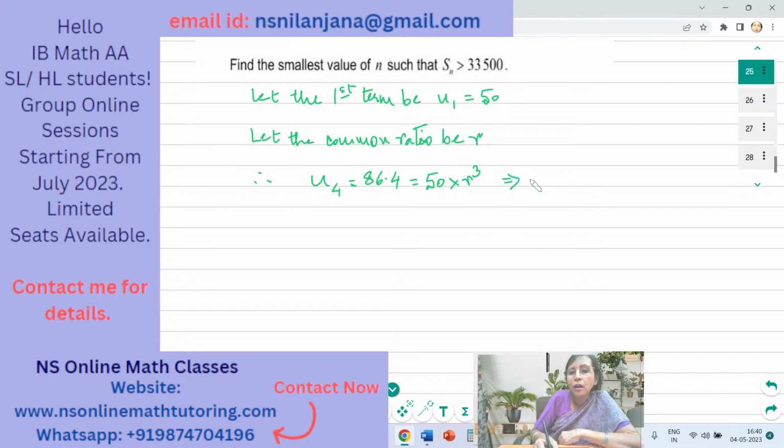Therefore, r cubed, or I can write simply r is equal to the cube root of 86.4 over 50. Okay.